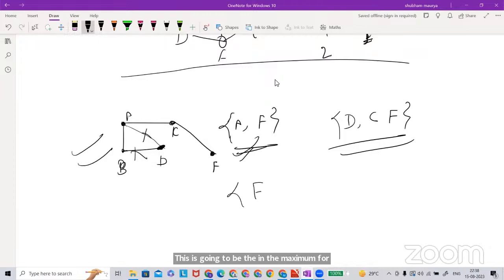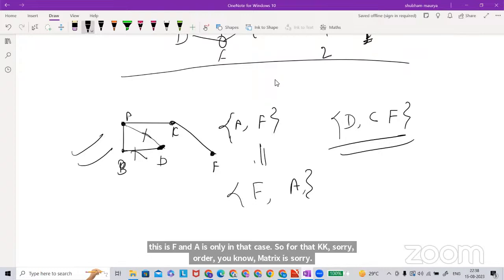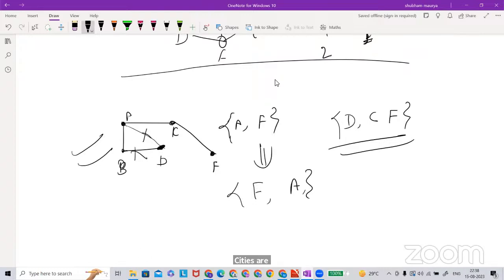If we choose F, then we cannot choose C, but we can take A. Once we take A, we cannot take B and we cannot take D. So in that case it is only F and A. Similarly, D and C, either D and C is acceptable.